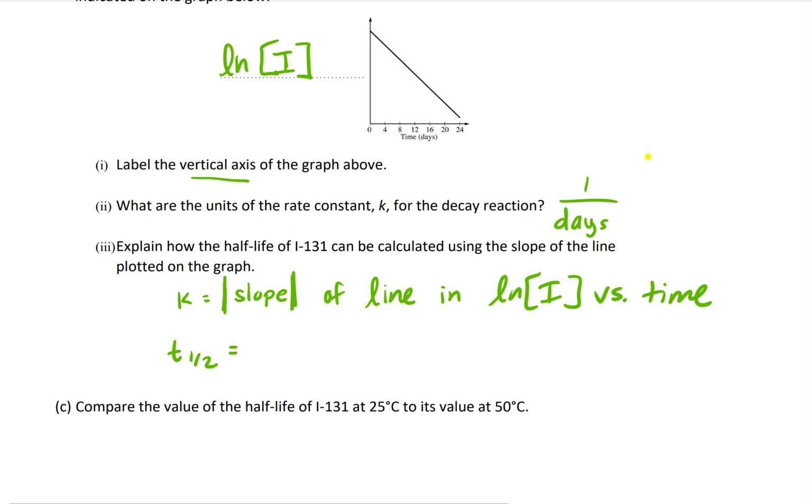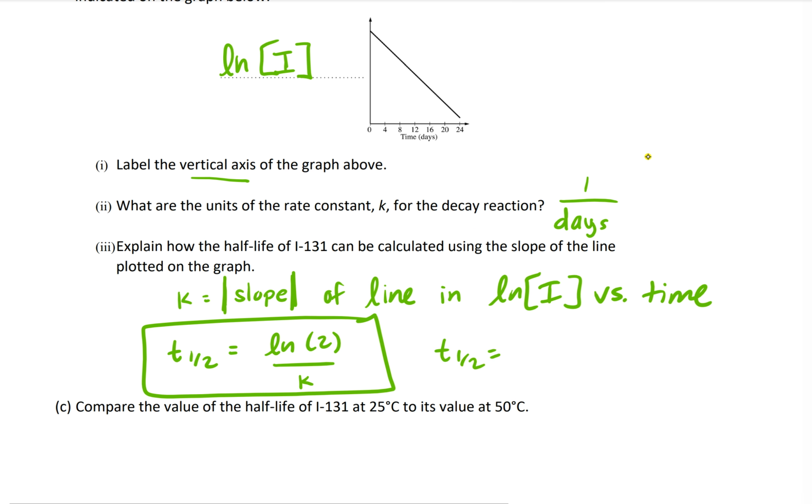half-life, and it's going to be equal to natural log of 2 over that rate constant. And this is a formula given to you on your formula sheet. This is half-life is equal to natural log of 2 over baby K, the rate constant. So if you know the half-life is 8, you can plug in 8 into this equation for half-life and then solve for K. You're going to see it written most likely like this.